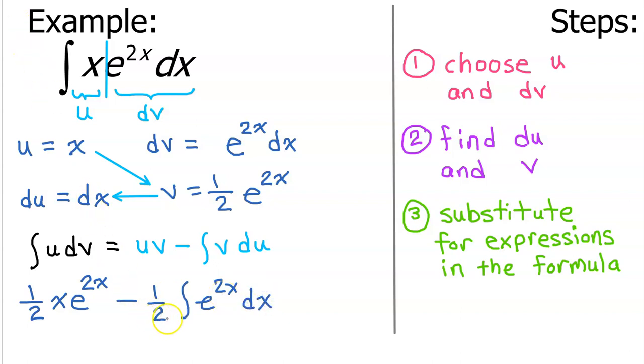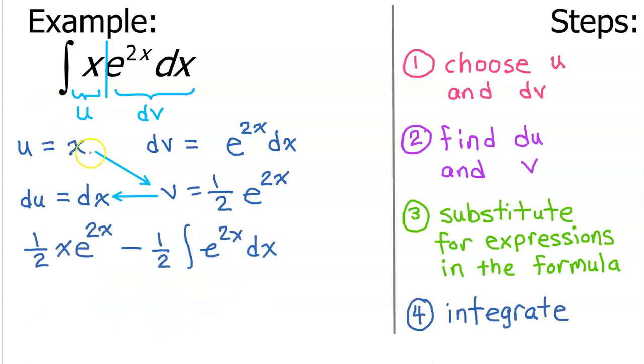When I write an integral, I like to put the constant out front, so we have this. The last step is to integrate the remaining integral. Hopefully, this is something we can integrate using the tools that we already know. To integrate e to the 2x, we need to do a mental u substitution. So if u is 2x, u prime is 2. We end up dividing by u prime.